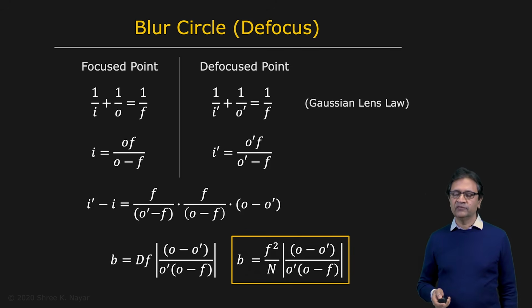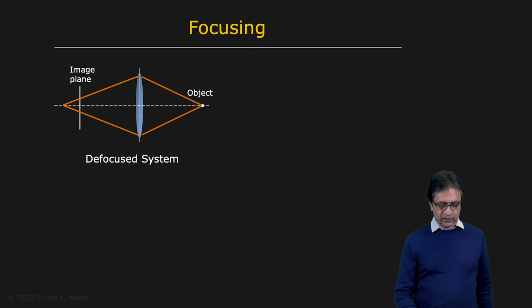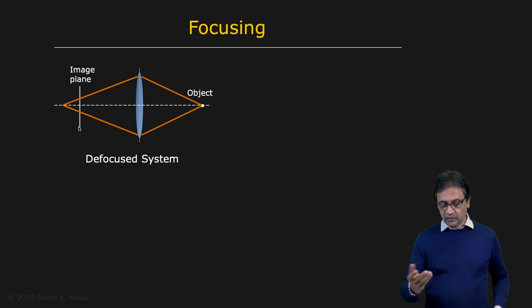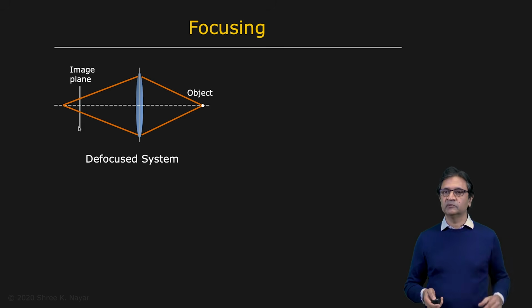Okay, so how do we focus an imaging system? Here you see an out of focus, defocused imaging system. Here's the object that you want to image, but it's being imaged behind the image plane, therefore creating a blur circle right here. So the obvious thing to do to focus this imaging system would be to move the image plane.